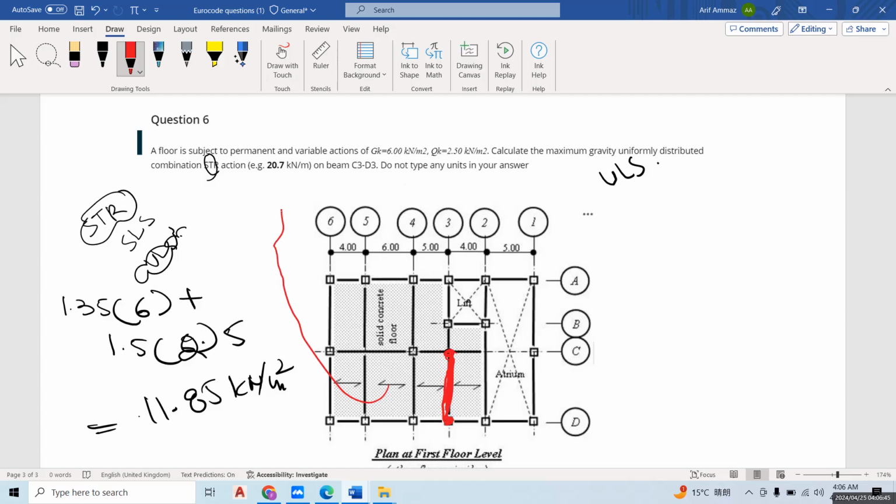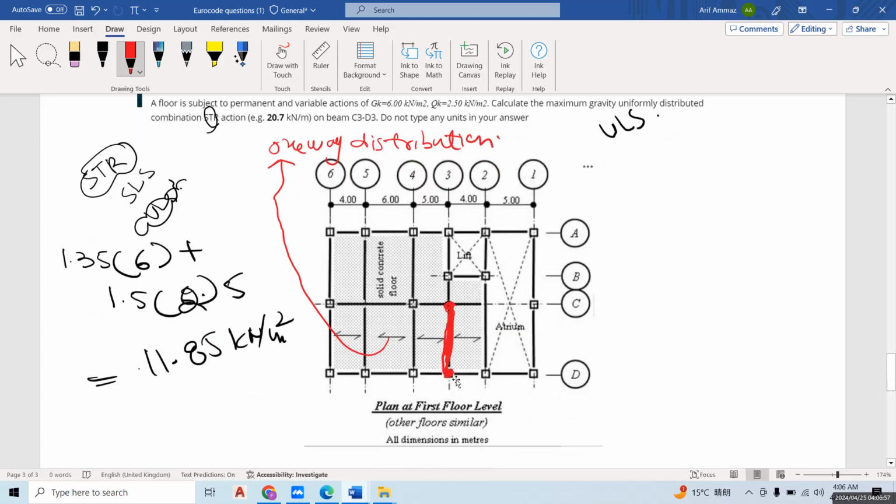This sign means one way distribution. So what you need to do is calculate the load on this beam. You have to take the tributary area. So what is the tributary width?